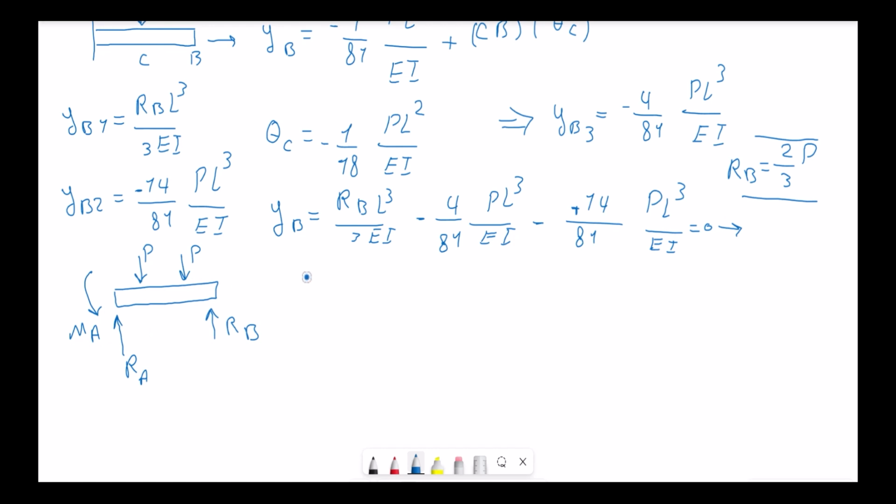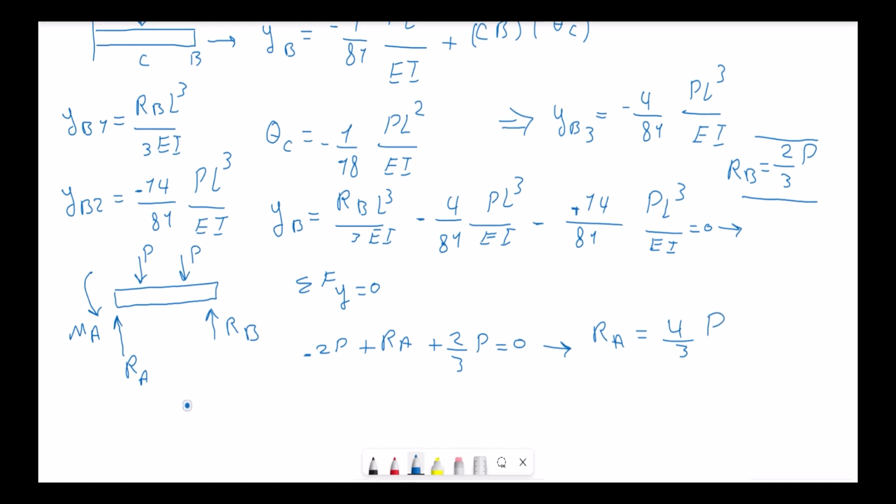Now if we write the summation of forces in the y direction, we see that we have 2P, which are in the same direction and in the negative direction of y, so minus 2P plus R of A plus R of B, which we found is equal to 2/3 of P, equal to 0. And this will give R of A equal to 4/3 of P.